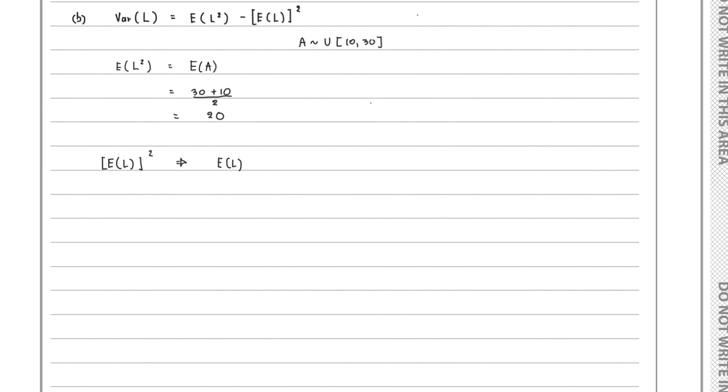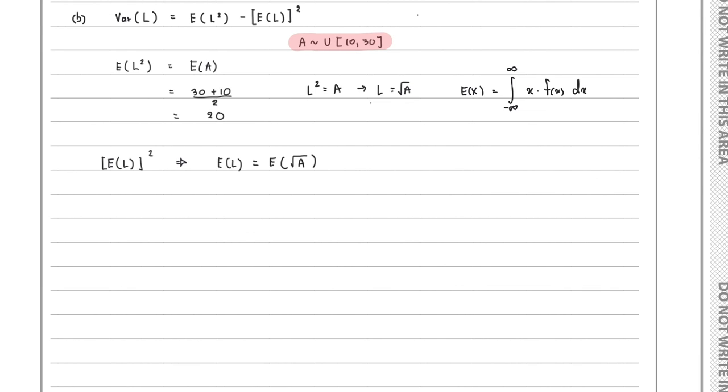We're going to make this related to A according to the distribution of A that we have here. We know that L squared is A. That means L is square root A. So to find E of L, it's the same as finding E of square root A. Now let's talk about the formula of E of X, which is the integration from negative infinity to infinity of x times f(x) dx.